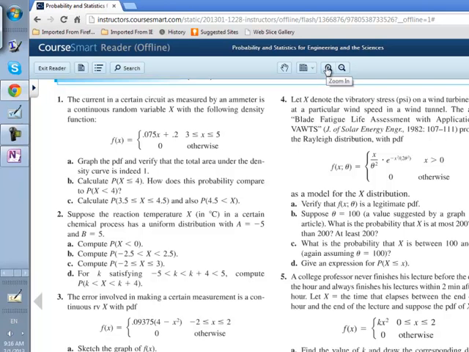We have a circuit, and the current in a certain circuit is measured in some unit of measurement, and it's a continuous random variable with this density function. So we're given the density function, the PDF. First of all, the first question is to graph the PDF and verify that the total area under the density curve is indeed equal to 1.